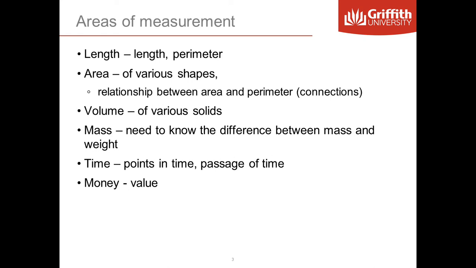If you're talking about the area of shape and then the volume of shapes, that's creating a potential conflict. So if we are very clear about the language we use, we tend to use the word shapes to refer to two-dimensional things and objects to refer to solids, to refer to three-dimensional objects.